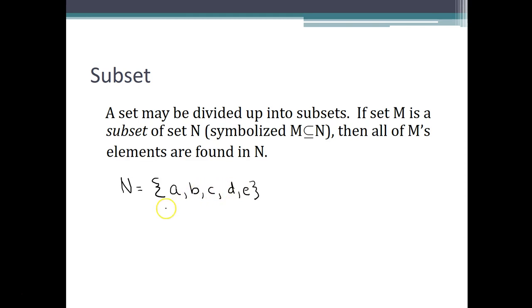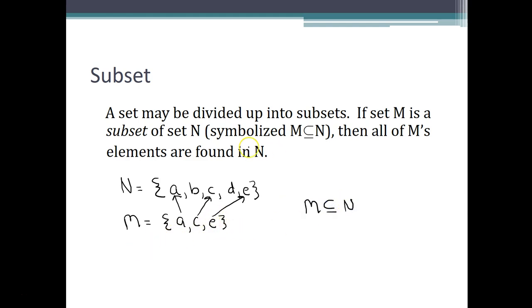And let's say we pull from that, let's say we have a set ILM that contains A, C, and E. So in this one, all of ILM's elements are found in N. So ILM is a subset of N.